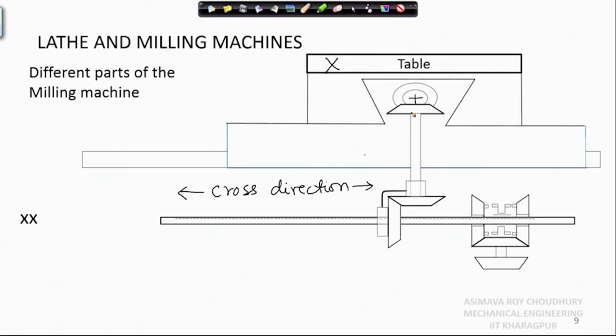Now, let us have a quick look at how the cross direction works. The cross direction has to maintain contact between the longitudinal screw and the prime mover. So, if we have a screw here, this one will always be maintaining contact by making this assembly move, so that it derives the power from this screw. Let this derivation of power not be disturbed.